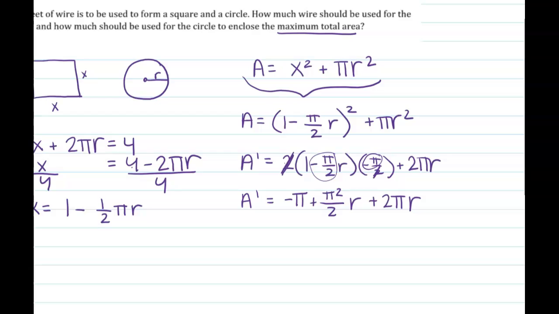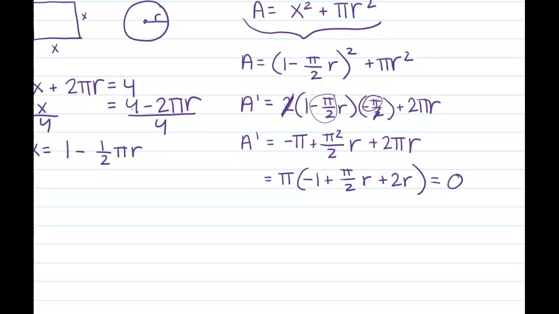We can take out a pi. Then we have negative 1 plus pi over 2 r plus 2r equals 0. We can divide both sides by pi because we're solving, so the pi can just go away. So we can set negative 1 plus pi over 2 r plus 2r equal to 0.